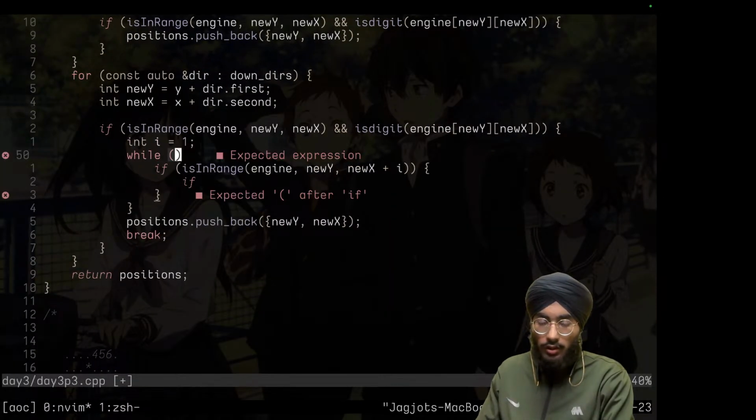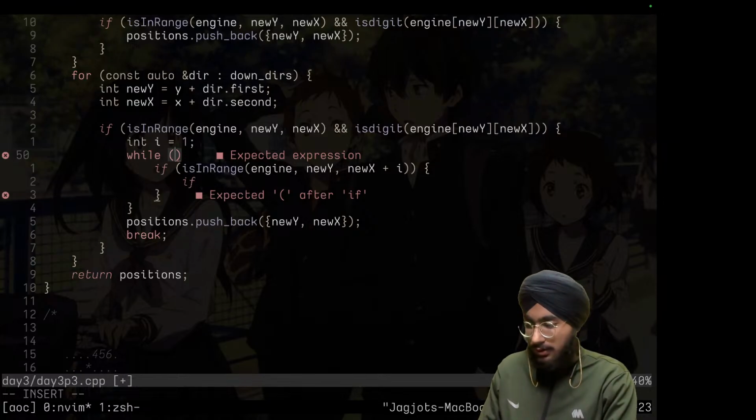y equals to 1 while is in range, I plus 1 and is digit, I plus plus, right?